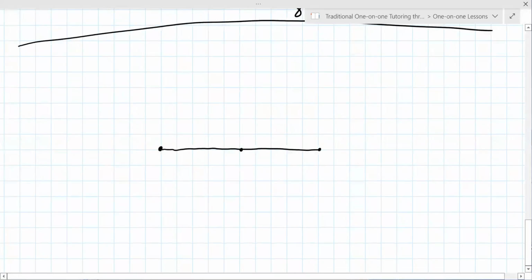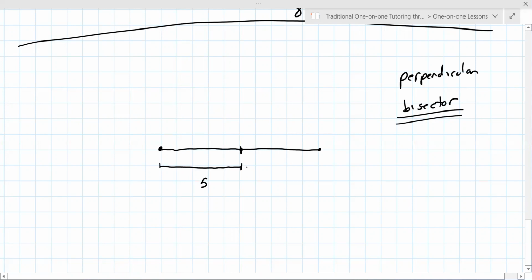So there's two parts to it: perpendicular and then bisector. The bisector means to cut it in half. That's what we've done here. See how we've cut it in half? It's the same length, 5 and 5.